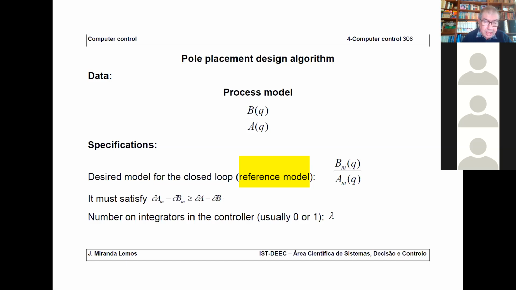If you would do a design in which you reduce the pure delay of the control system, your controller would not be causal. Now, you must select this BM and AM, and you must specify the number of integrators, lambda. Usually it's 0 or 1.